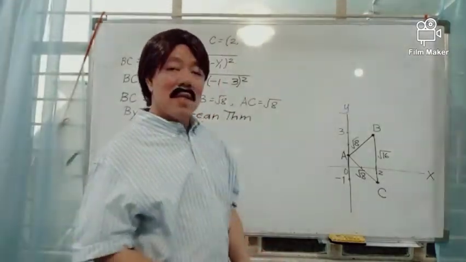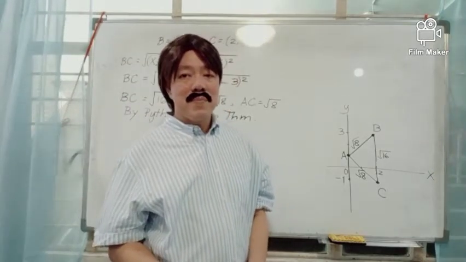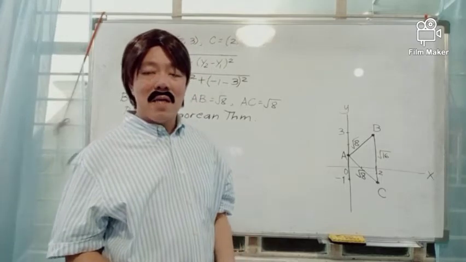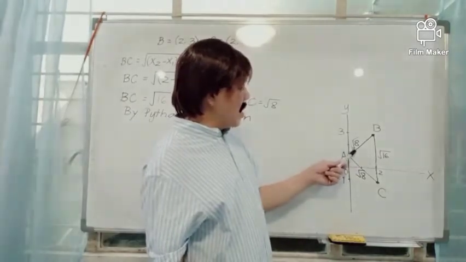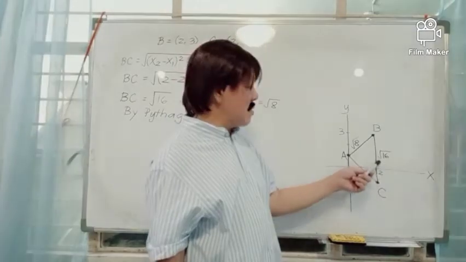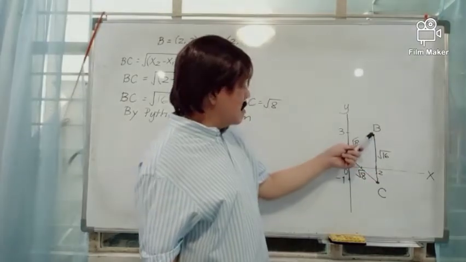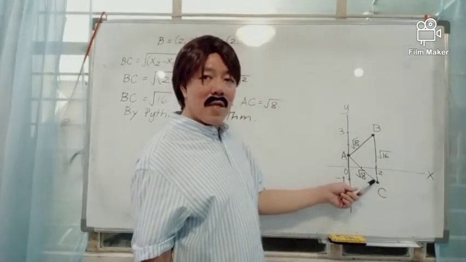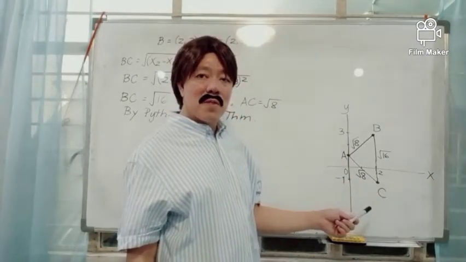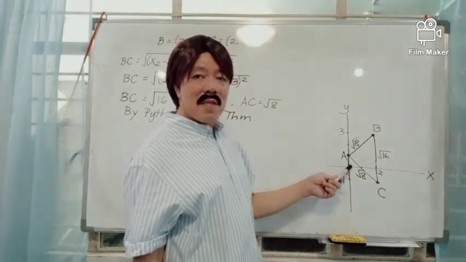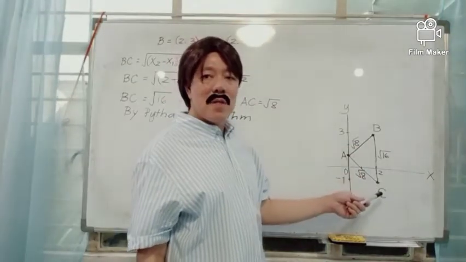And in a right triangle, the longest side is the hypotenuse. Hence, between square root of 8 and square root of 16, square root of 16 is the larger length. Hence, this side of this triangle through the vertices B and C must be the hypotenuse, if this is a right triangle.